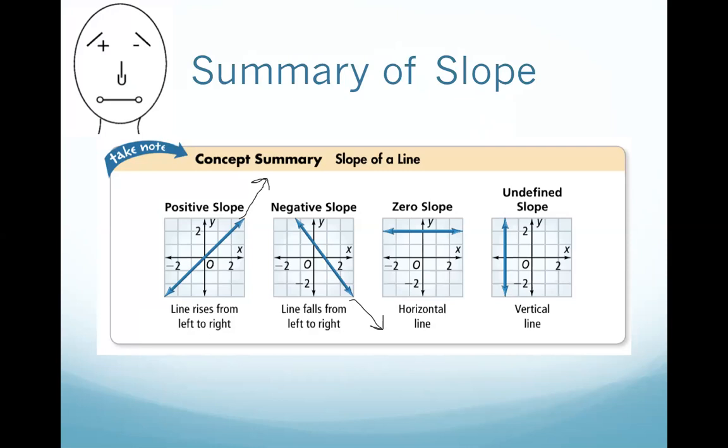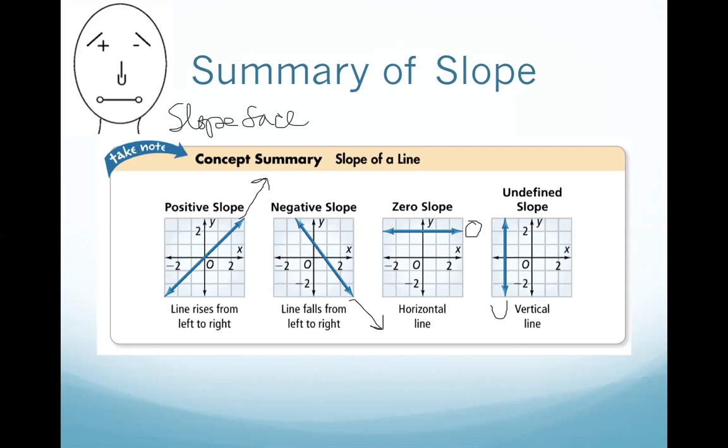As we saw in our last example, if it's a horizontal line, it has a slope of 0. And if it's a vertical line, it has an undefined slope. And so we have this little tool called slope face. There are different versions of slope face, and it's just a tool that could help you remember which slopes are positive, negative, undefined, and 0. I find it most useful for undefined and 0.